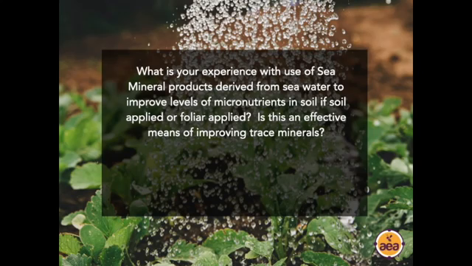And all of a sudden, zinc, manganese, copper, iron levels will jump by 30 to 50%, and we didn't put on any. So it is possible indirectly to influence these trace minerals as a result of improving the soil's microbial population and improving overall plant health. But the ocean minerals themselves don't contain any significant quantities of trace minerals.